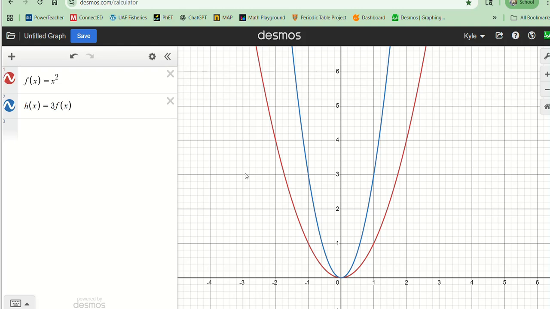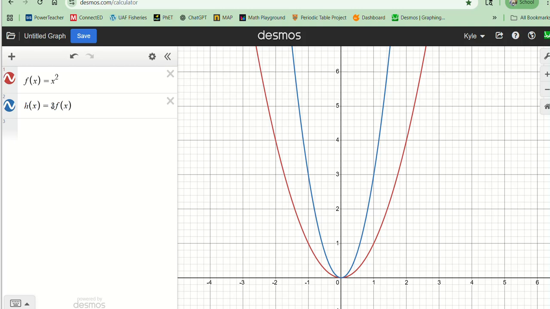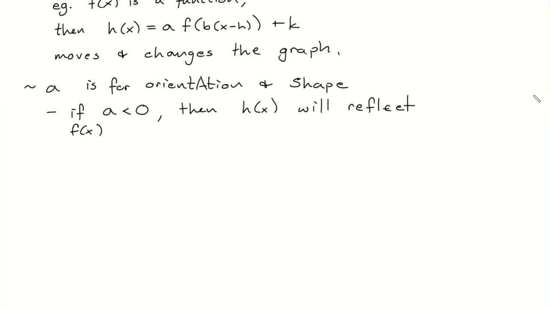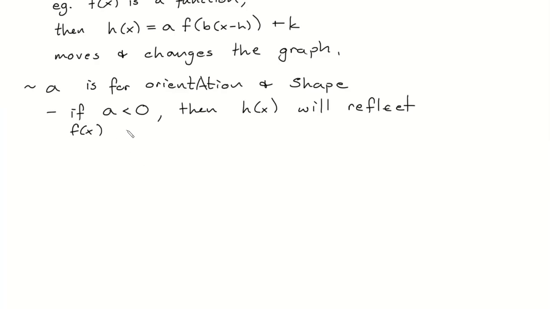So this part's more challenging. If we're here, I can see it's gotten thinner. If a is less than 0, what if I make it negative? It reflects across the x-axis. So if a is less than 0, then h of x will reflect f across the x-axis.